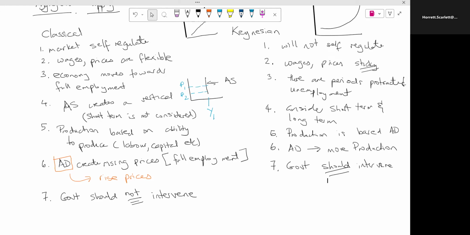So we have now completed our look at aggregate demand. We have looked at the movements up and down the curve. We have also looked at how the curve can shift to the left or right based on certain factors. And we have also looked at the concept of aggregate supply. And we have contrasted the classical model with the Keynesian model.